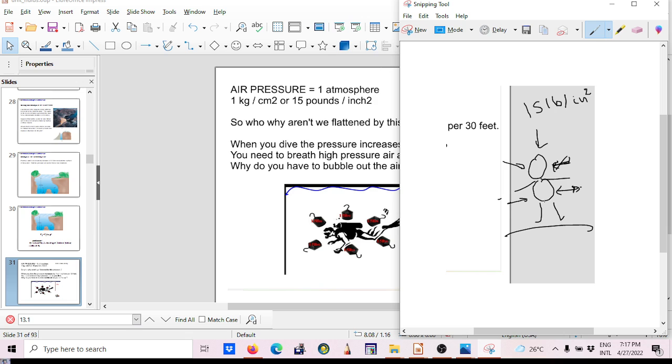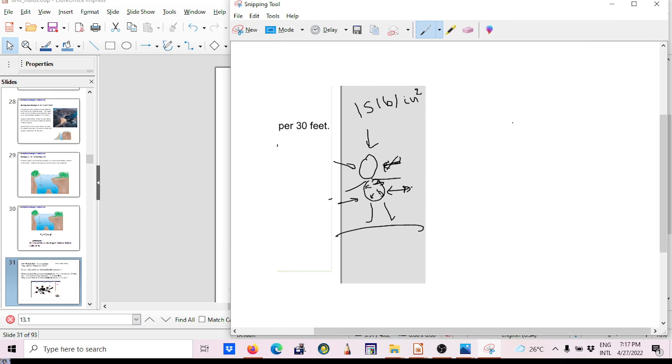So how come we are not collapsing? This is because in our lungs, you also have 15 pounds per square inch. But what's going to happen as you go underneath the water, right? If you go underneath the water, as you go down 10 meters, you're going to add 15 pounds per square inch, right?